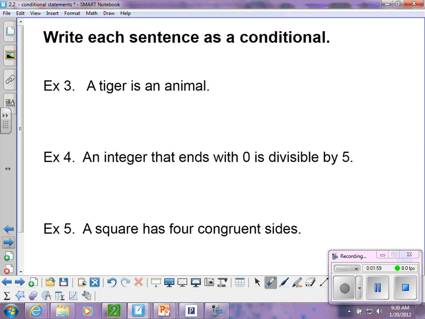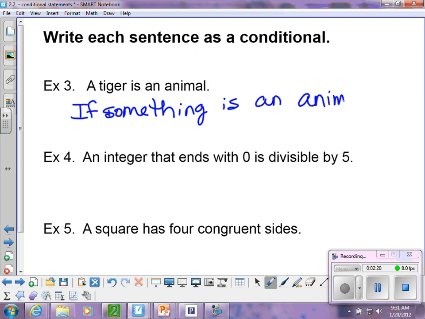How can I turn that statement into a conditional statement? Don't say if it, though. Say if something. If something is an animal, then it is a tiger. Use descriptive words. Like I identified that as something, right?